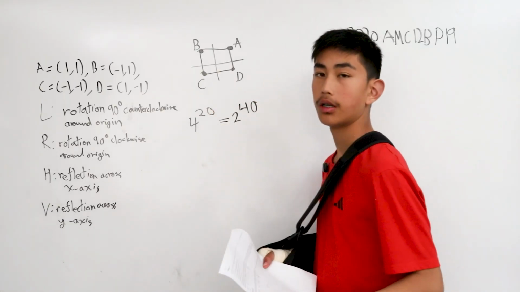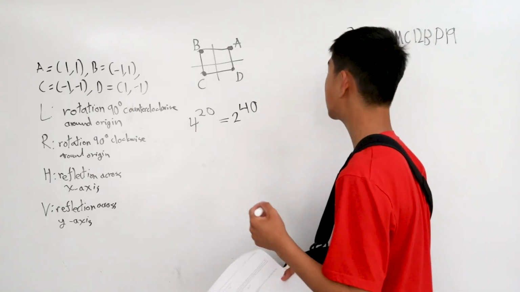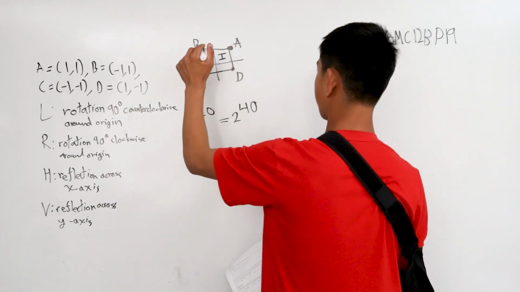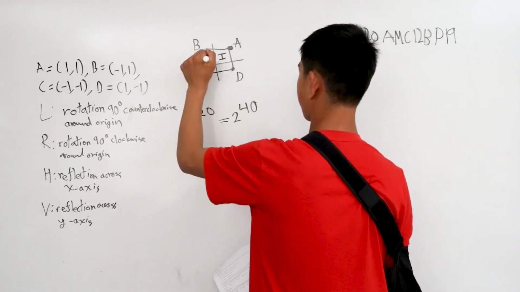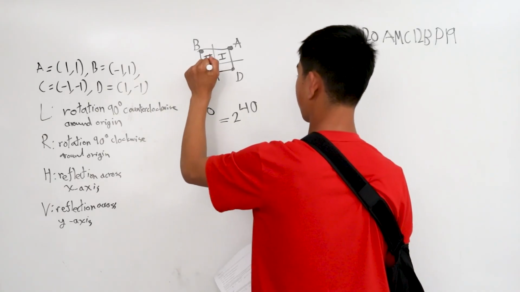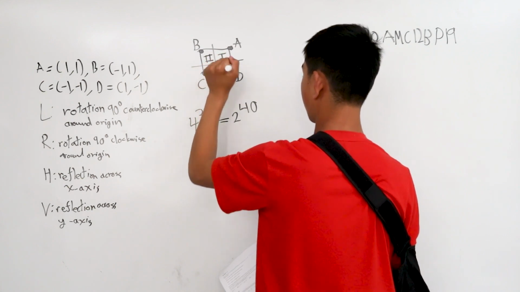Now you want to find what doesn't work, and the thing you can do here is count. Point A is in quadrant 1, point B is in quadrant 2, point C is in quadrant 3, and point D is in quadrant 4.